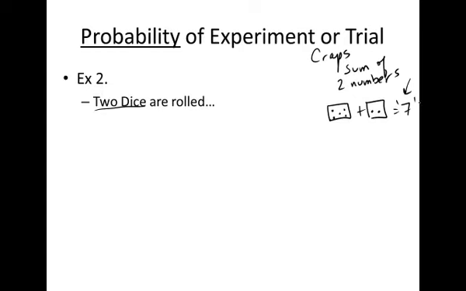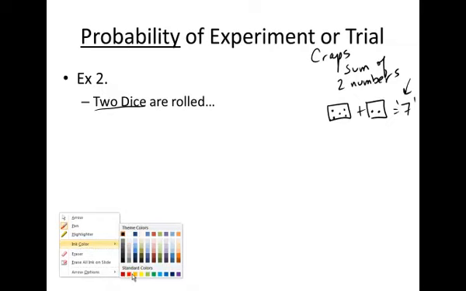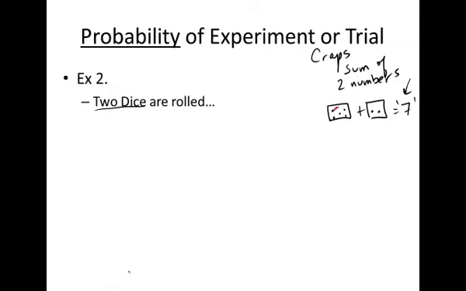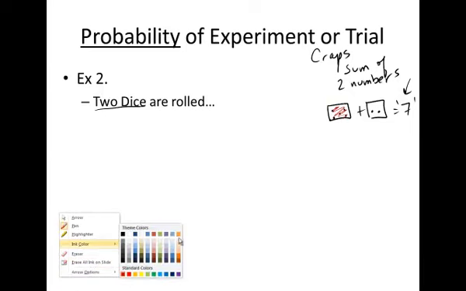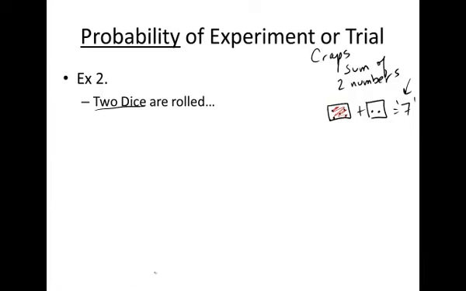Again, if these are 2 different color dice, let's say we have a red die and a green die, then hopefully it makes sense that a red 5 and a green 2 is not the same thing as a green 5 and a red 2. So those are 2 different outcomes, okay?